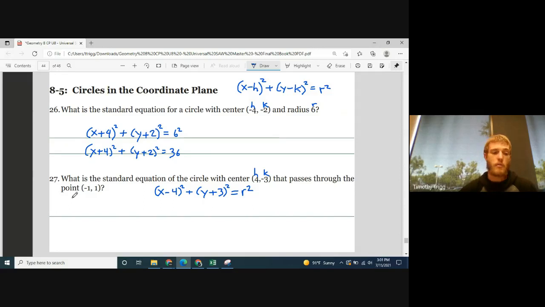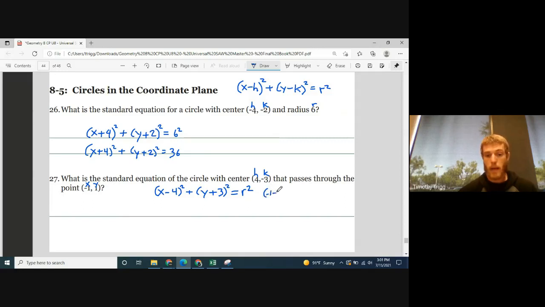They give us this other point, -1, 1. So what we can do to help us find r is plug this point into our standard equation for a circle. So this is going to replace the x and y in our equation. So if I replace x with -1 and y with 1, this is what it'll look like.